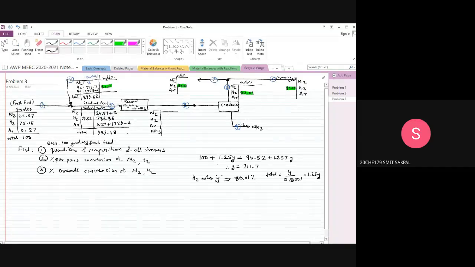Yes, sir. Okay. Now, there is no other way we can evaluate this unknown X. So let's go forward to stream number 3. Argon is not going to react, so in terms of gram moles, for stream number 3 it is going to remain the same, 0.27 plus 177.9 minus X.